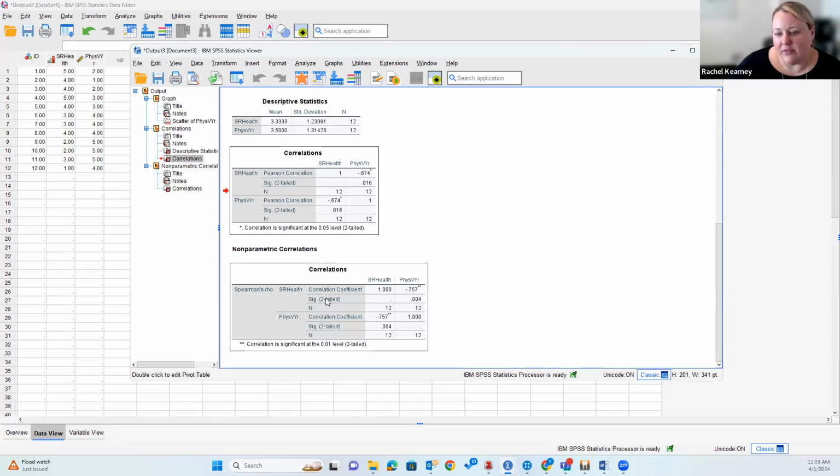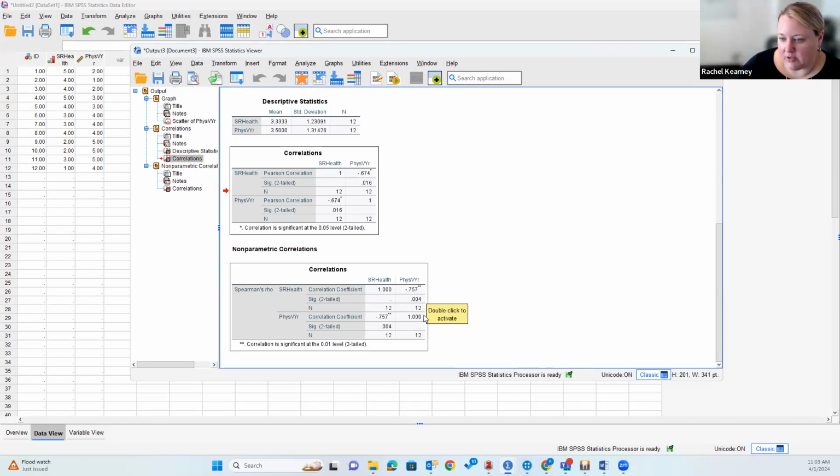And then the second part is your non-parametric version. There are no descriptive statistics, but you can read this output the same way. The correlation between health and physician visits per year is negative 0.757. So again, a negative correlation.